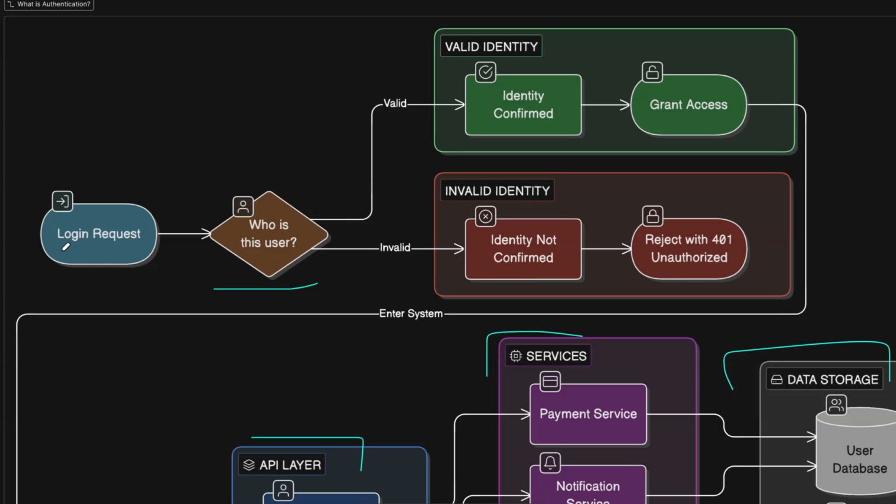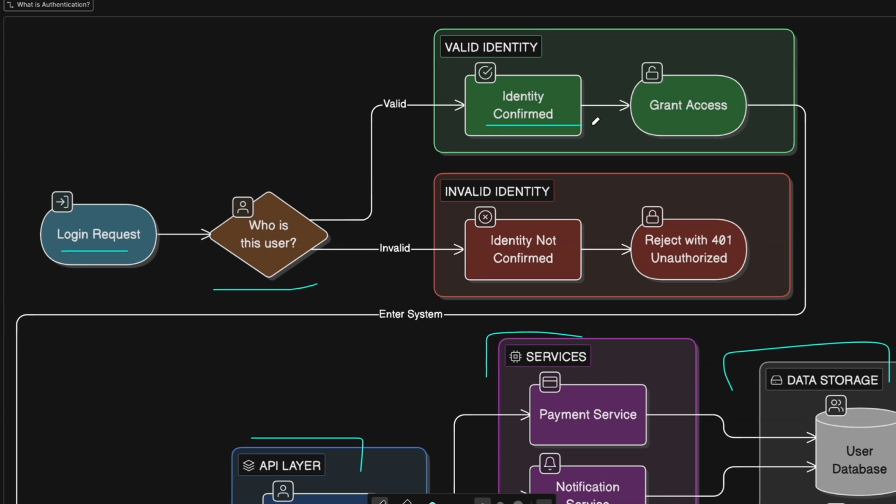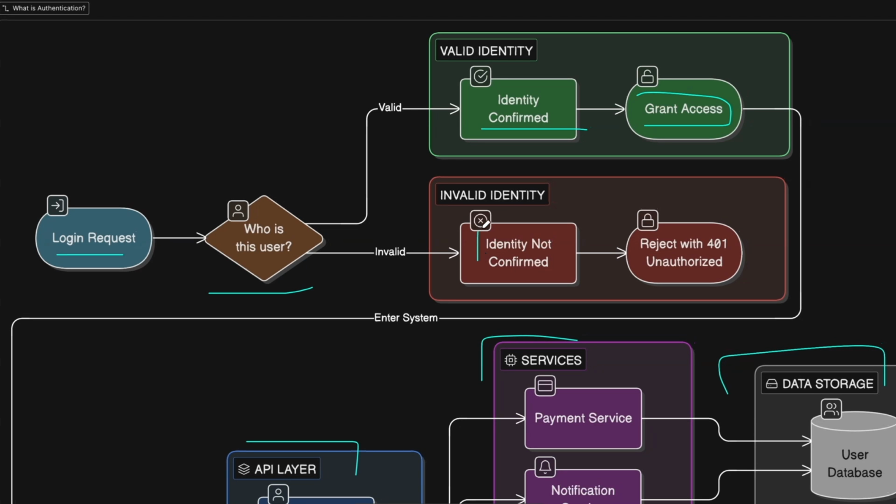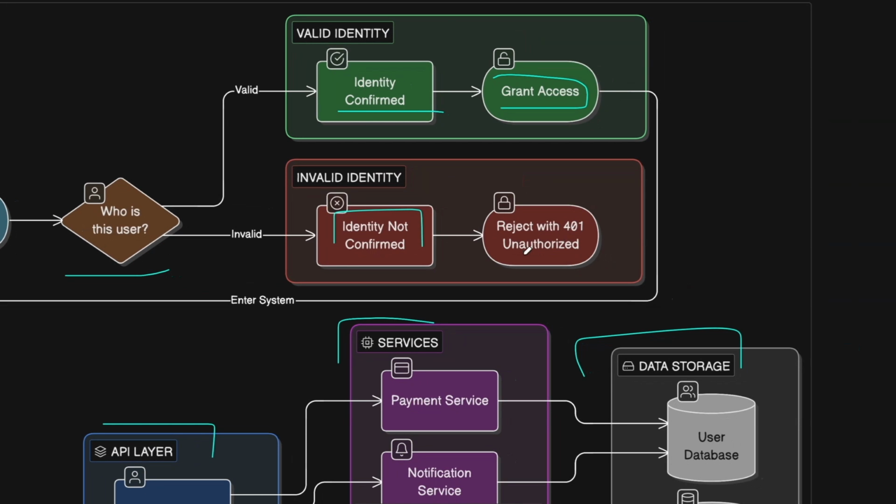That is where they send a login request. This comes either from a user or another service. This is where we confirm their identity, and if it's valid, grant access to our system, to our API gateway and all the other services. Or if the identity is not confirmed, then we reject it with a 401 unauthorized response.